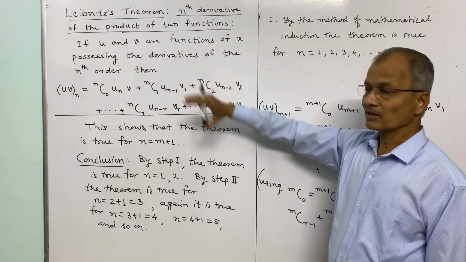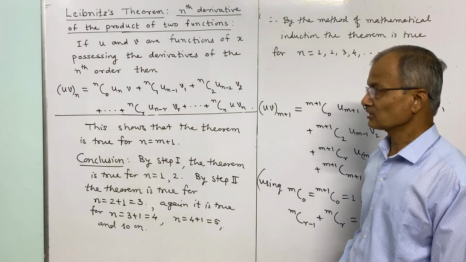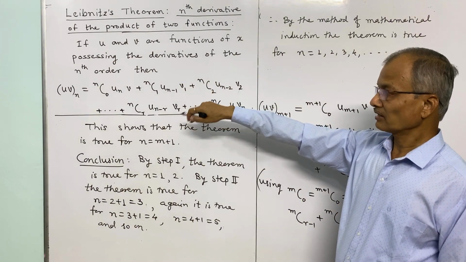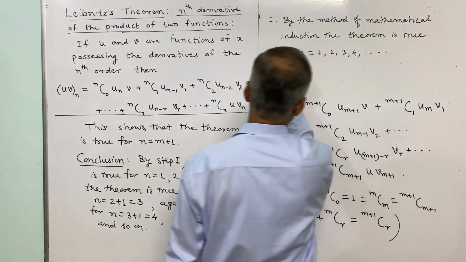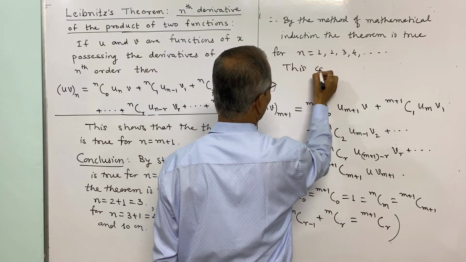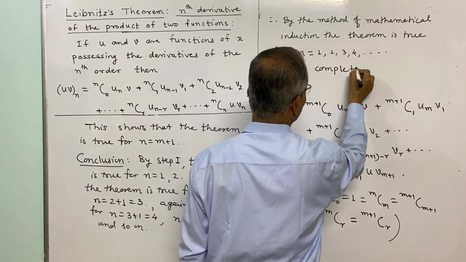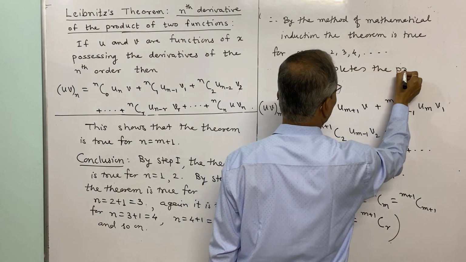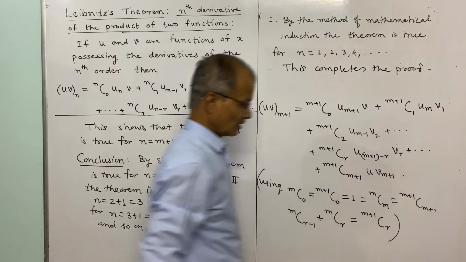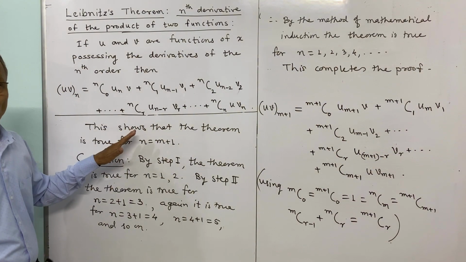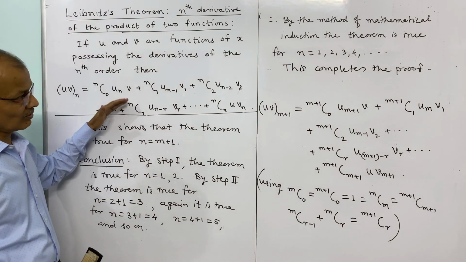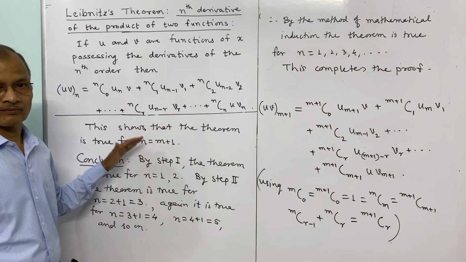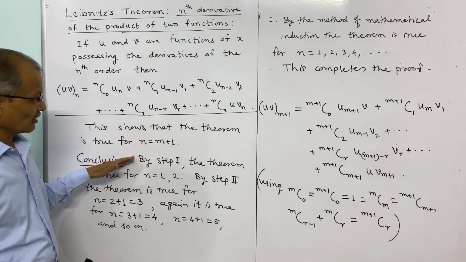So if n is a natural number or positive integer, then we can get the nth derivative of the product of u into v. So this completes the proof, and in this way we have proved the Leibniz theorem. This is an important theorem, you should go through the steps of the proof.